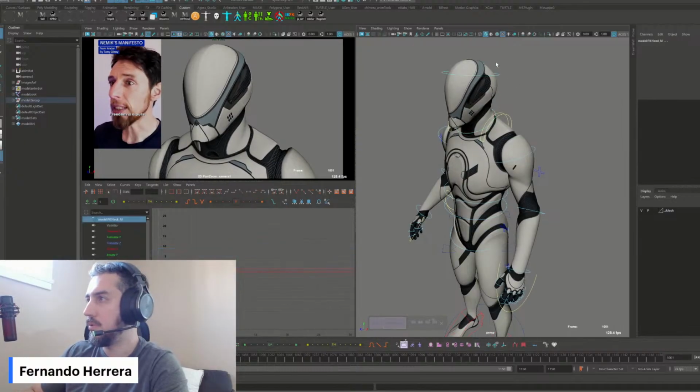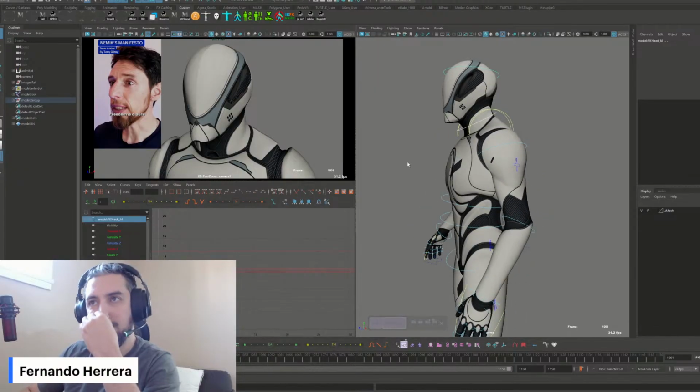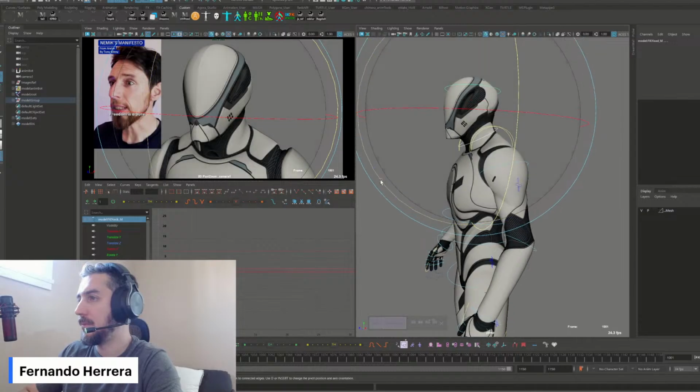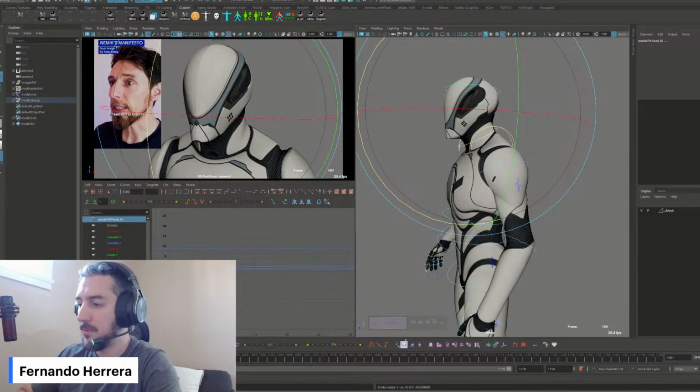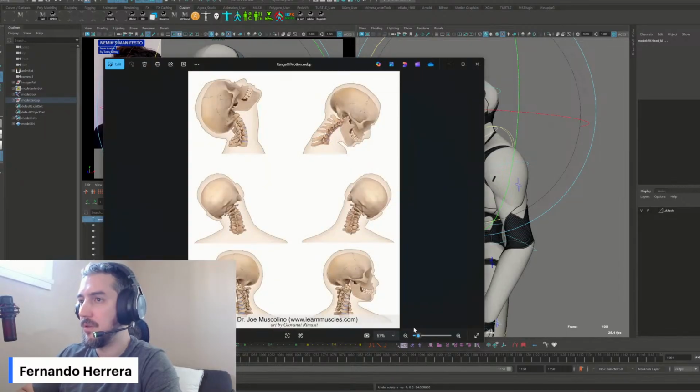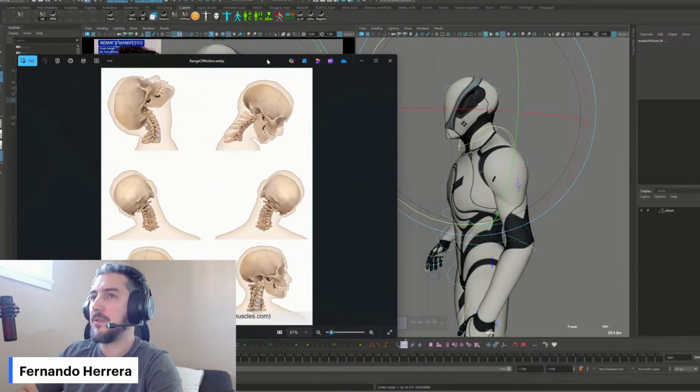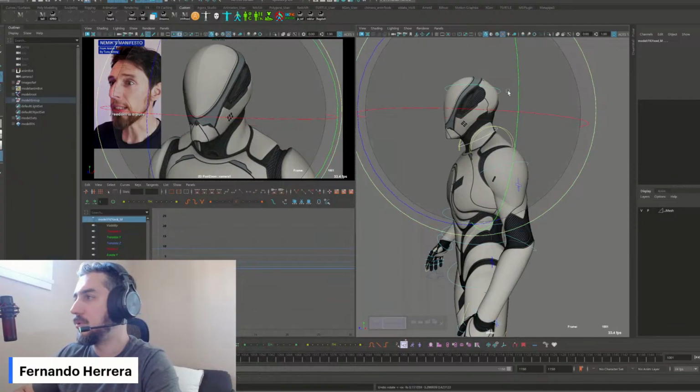So we have two controllers for this guy. Sometimes I'm going to try to rotate them together to get the effect that I want. So remember this image here. I know that by rotating my head up, it's not only the head controller that is moving.